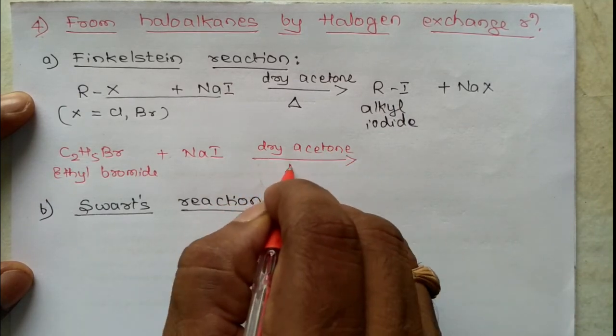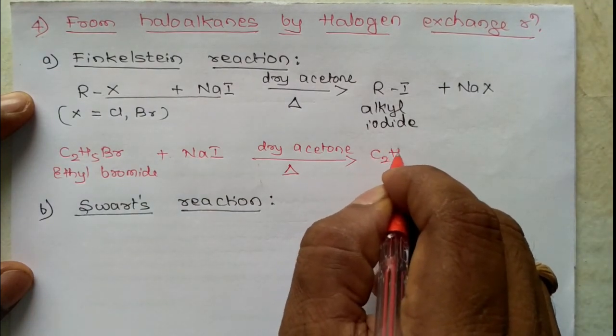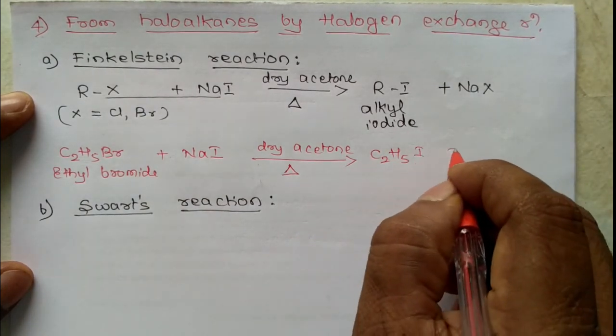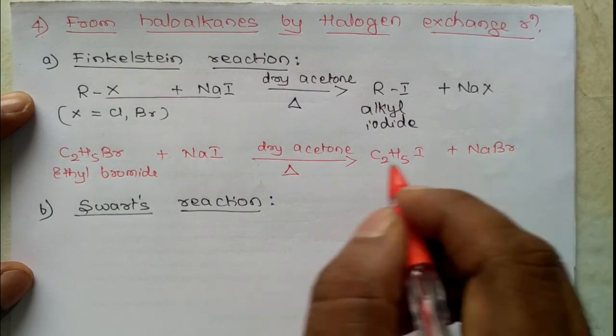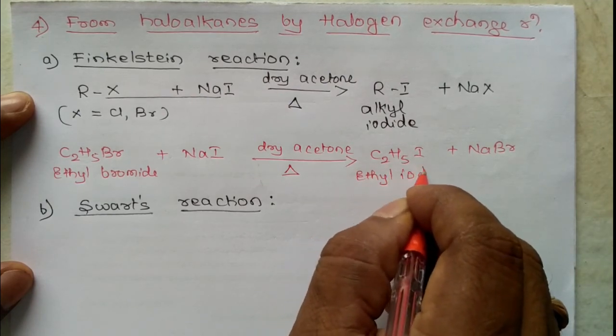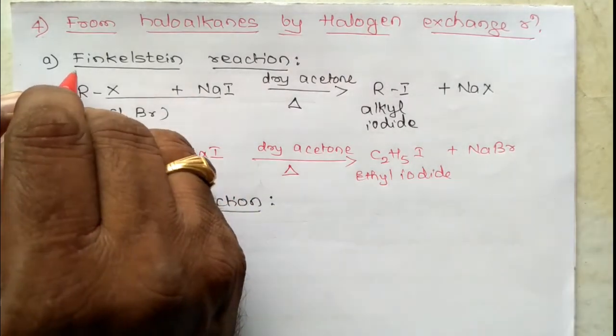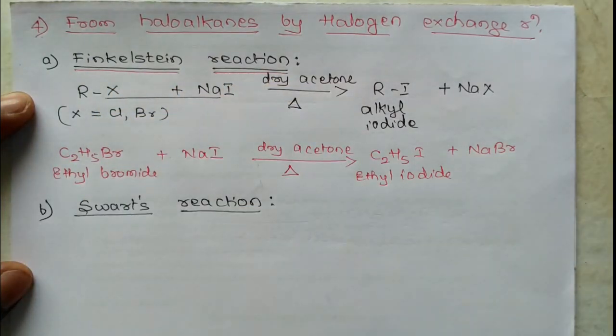Just heat it, you are going to get ethyl iodide, C2H5I, plus NaBr, sodium bromide. This is ethyl iodide. This reaction is known as Finkelstein reaction.